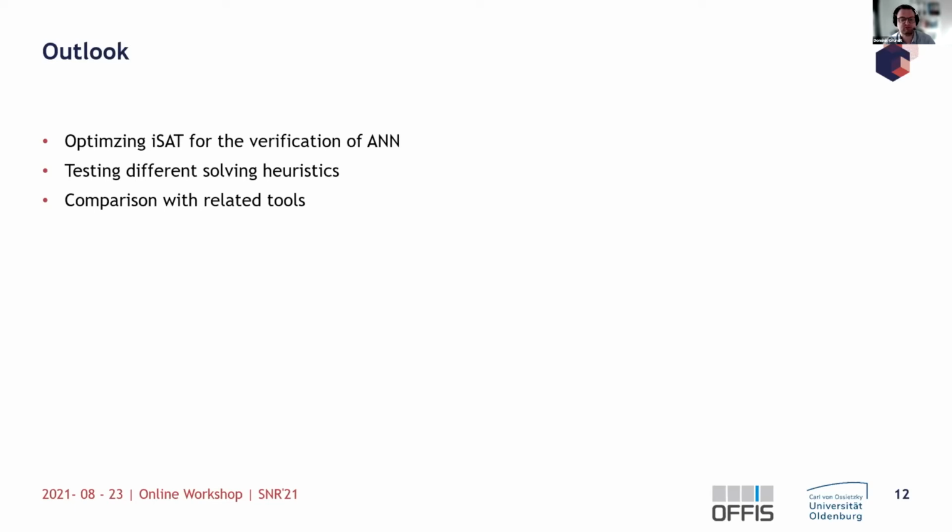For this, we want to test different solving heuristics, or new heuristics, to get better through the internal representation of the constraint system. And we also want to do some comparison with related tools. We also did something, but nothing that we can share right now. We are looking forward to bringing some benchmarks in the future compared to other tools.